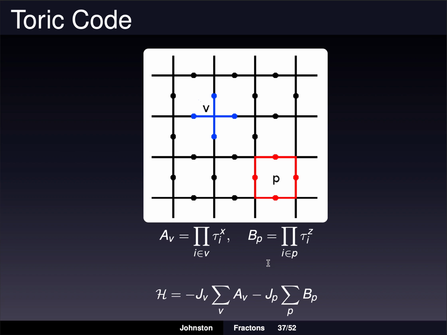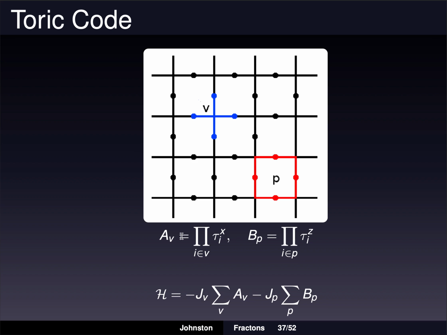The Hamiltonian contains two sorts of terms. A terms, where they're a product of X Pauli matrices around a vertex, so I've coloured that in blue in this picture, and there'll be B terms, where the Pauli matrices are given by the product round a plaquette on the lattice. And we take the product of the Z Pauli matrices, which I'll call tau Z here.